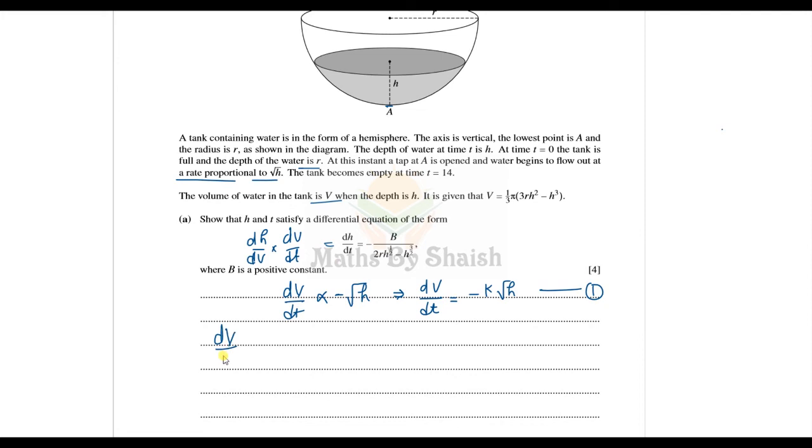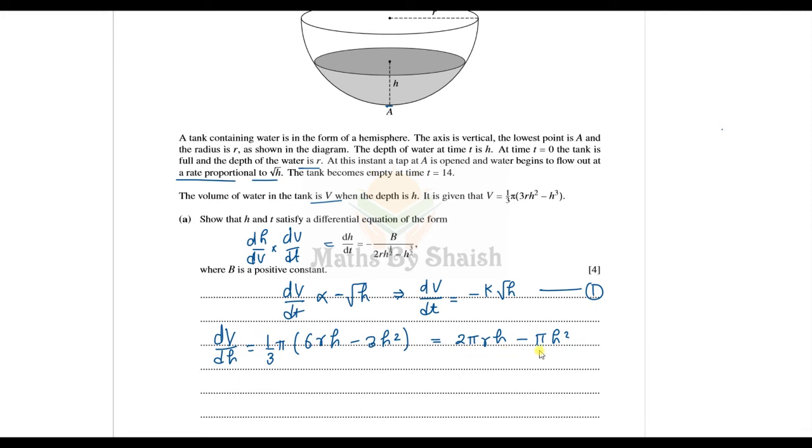So dV over dh, we'll get 1 by 3 everywhere, so I'll take it common, and it is 1 by 3 times (6 pi r h minus 3 pi h square), which can be simplified as 3 and 6 got cancelled, so it is 2 pi r h minus pi h square.